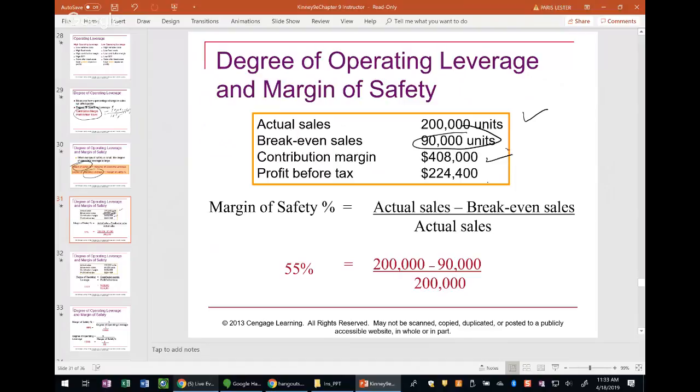That would leave 110. Okay, if you divide 110 by 200,000, you get 55%. That's your margin of safety. 110 divided by 200,000.